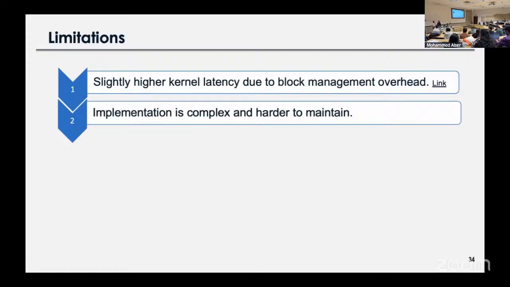A CUDA kernel is just a function that runs directly on the GPU. How will you install it?